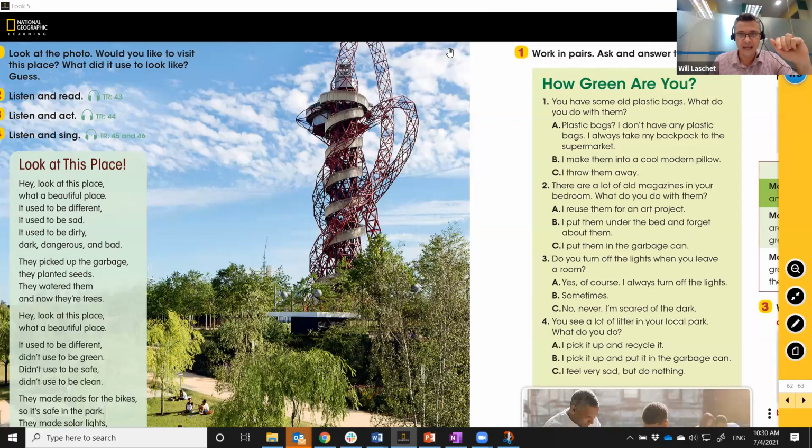So let me put up a poll question. Here we go. So let's do it as a poll. You should see it on your screen now, just for question number 1. What's your answer? A, I don't have any plastic bags. B, I make them into a modern pillow. Or C, I throw them away.